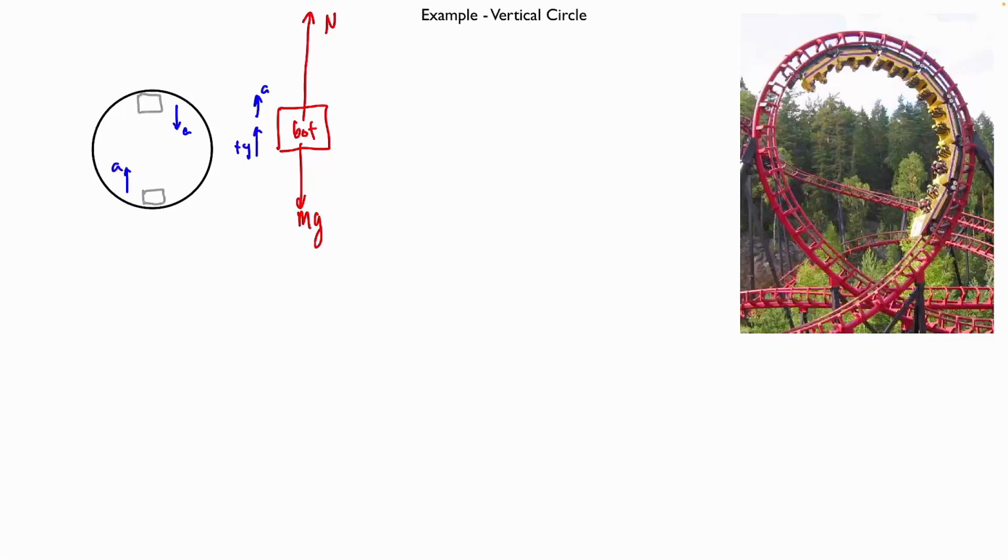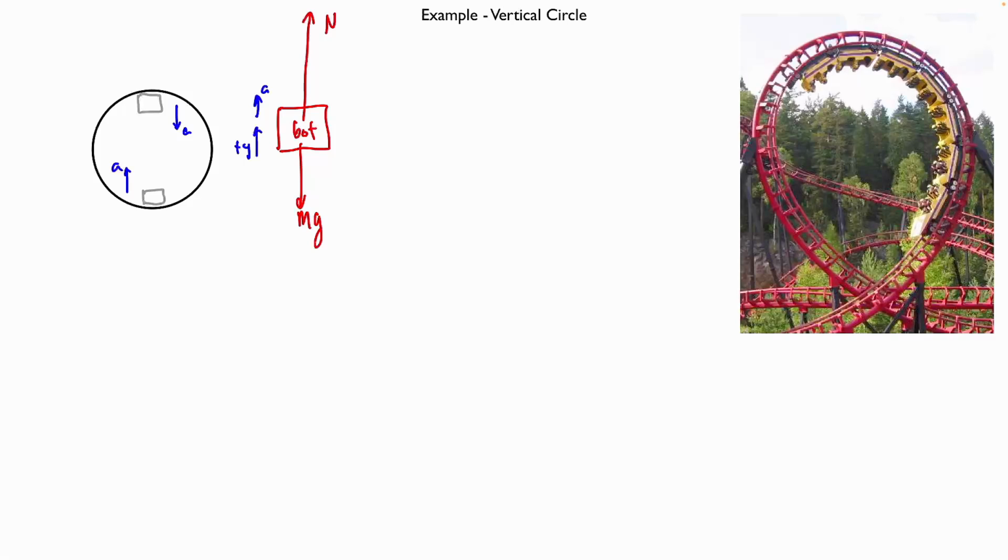Would another force be the tension force between cars, or are we just going to do a single car? This is on the person in the car, and even then I would just do a single car. But in reality, there's the cars pulling each other, and there would be friction with the track and all that kind of stuff. But do any of those forces point towards the center?